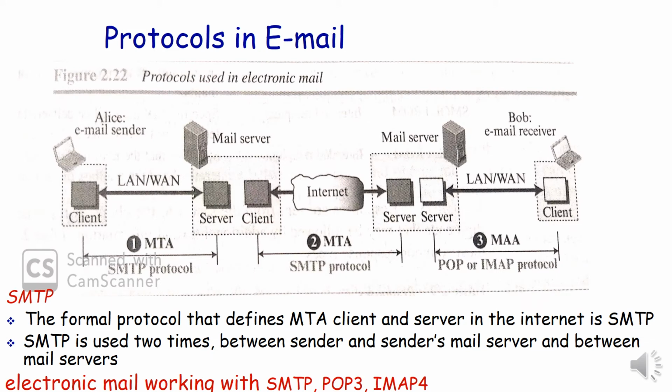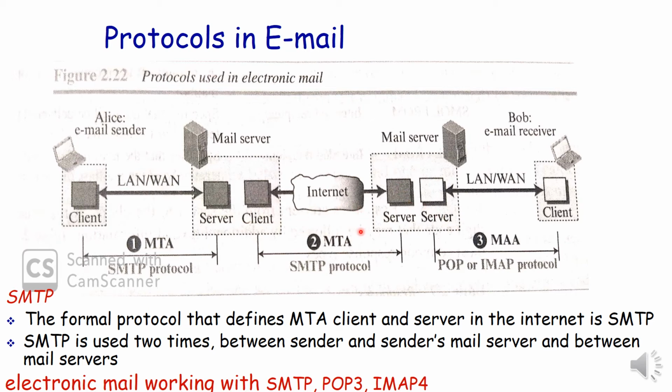Now let us think of the protocols working in the mail server. The formal protocol that defines a mail transfer client and server on the internet is SMTP, Simple Mail Transfer Protocol. SMTP is used two times: for pushing the message from the client side to the server, and from the server to the recipient server side.